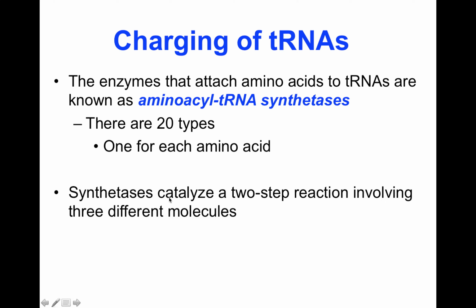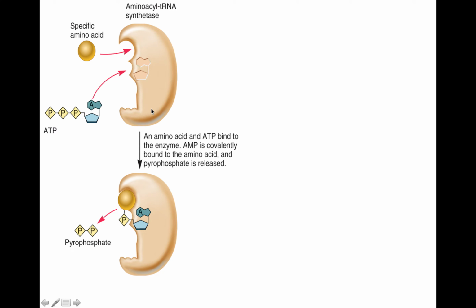The synthetases catalyze a 2-step reaction involving 3 different molecules: the amino acid, the tRNA, and a molecule of ATP. Here's a diagram of the synthetase with pockets for binding for all 3 of those different molecules. In the first step, an amino acid, the specific amino acid for this specific synthetase, binds, as does a molecule of ATP.